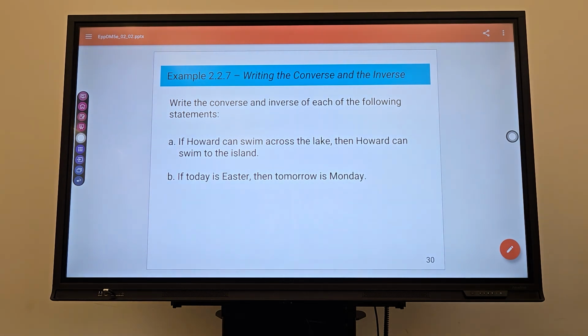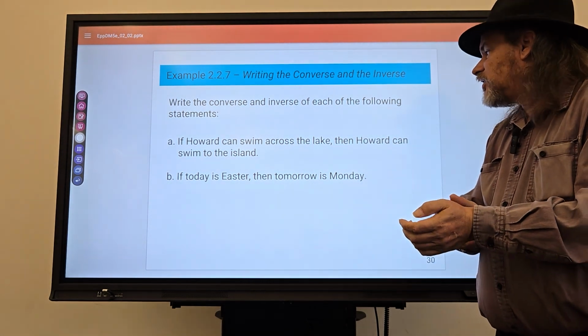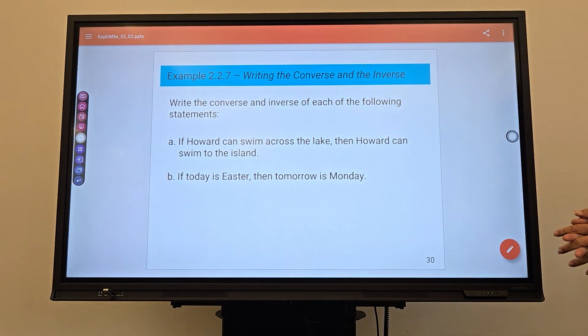They are different. So take the Howard example: if Howard can swim across the lake, then Howard can swim to the island. The converse would be if Howard can swim to the island, then Howard can swim across the lake, which isn't necessarily true.